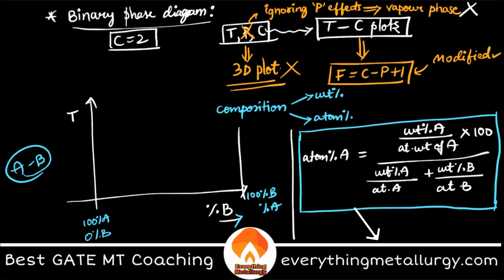So what we've discussed is what a phase diagram is, what the Gibbs phase rule is, and then we saw slowly how we can use the Gibbs phase rule in the unary and binary phase diagrams. Any doubts till now?